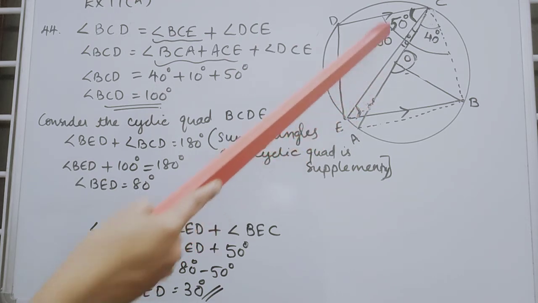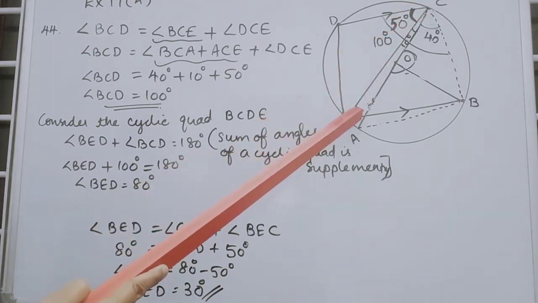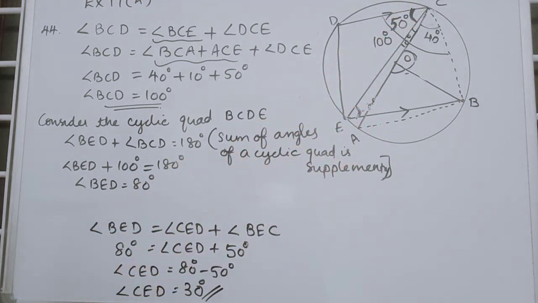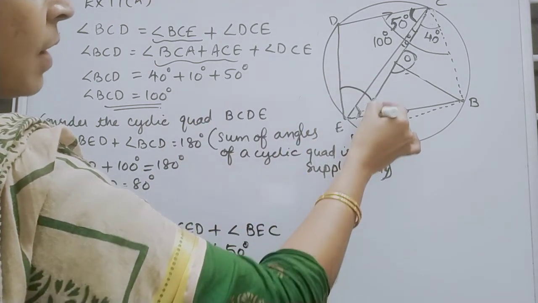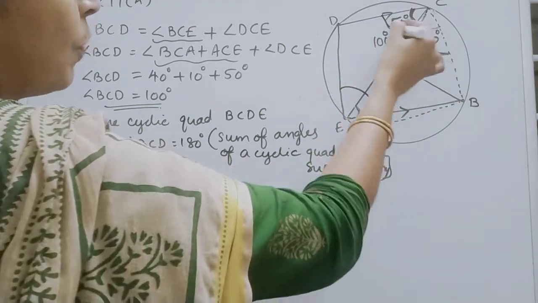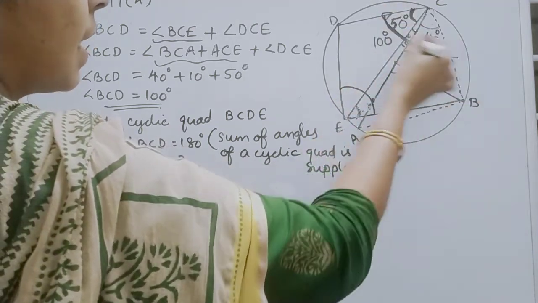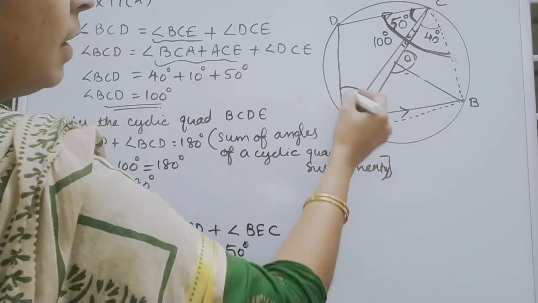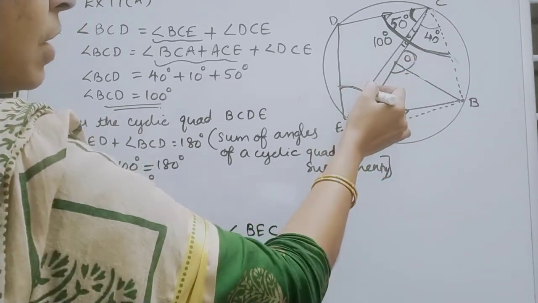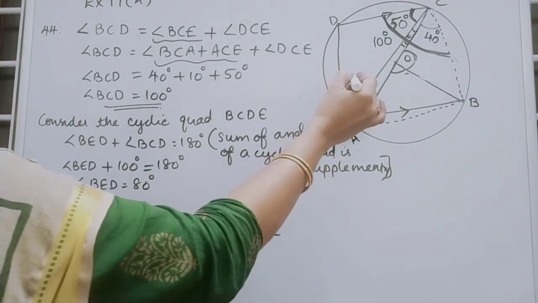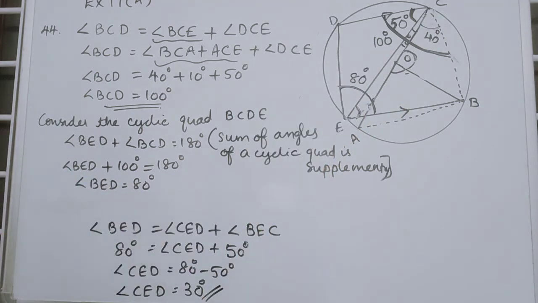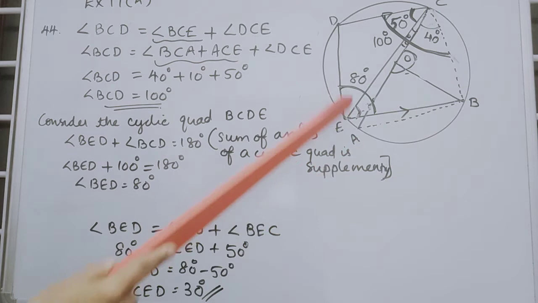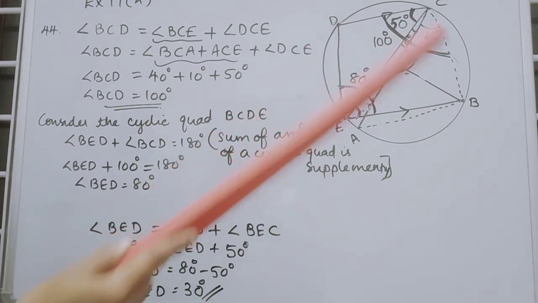Opposite angles of a cyclic quadrilateral are supplementary. Angle C and angle E will be 180 degree. Now we proved angle C as 100 degree. So angle E will be 180 minus 100, that is 80 degree. That is, angle BED will be 80 degree.